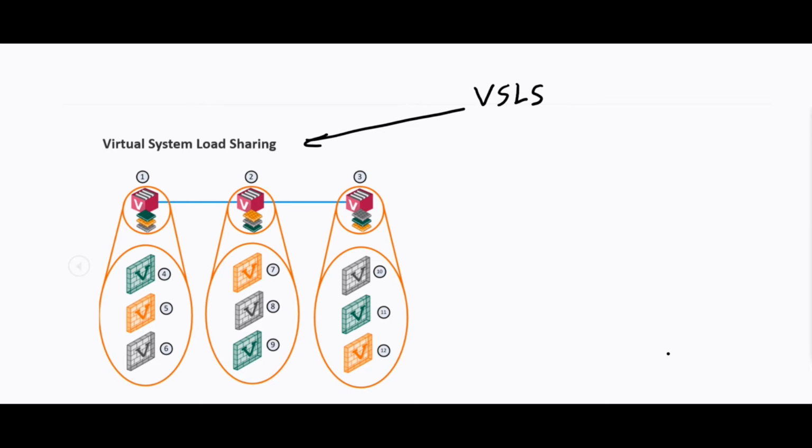Consider we have VSX gateway 1, this is VSX gateway 2, and this is VSX gateway 3, and we have, say, virtual systems.